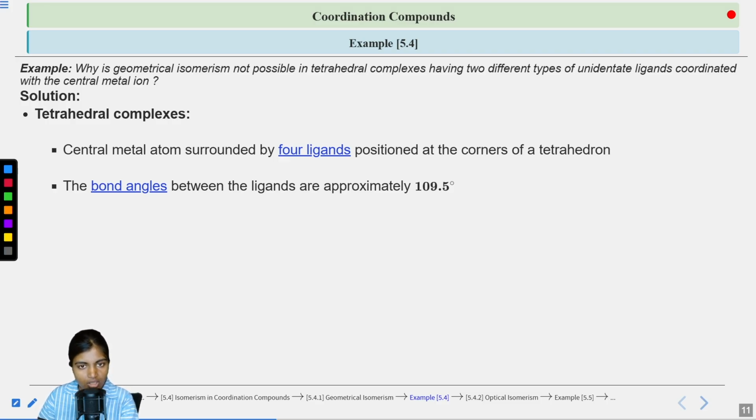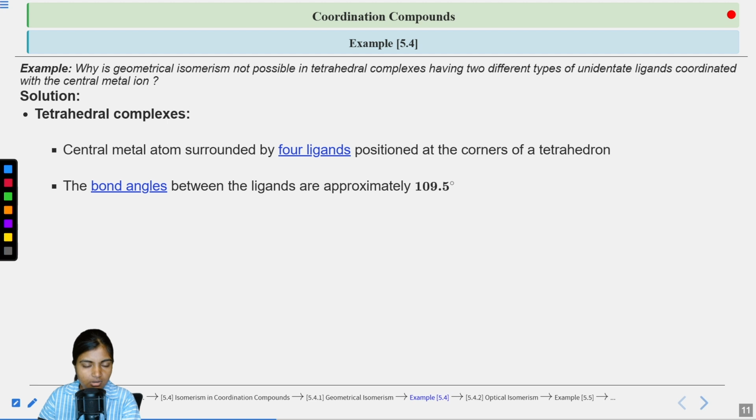109.5 degrees. So in the tetrahedral geometry, we have a central metal atom surrounded by four different ligands bonded to it, positioned at the corners of the tetrahedron.